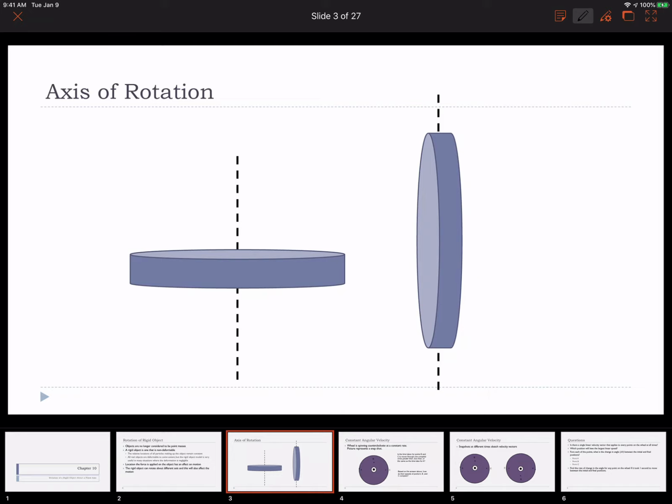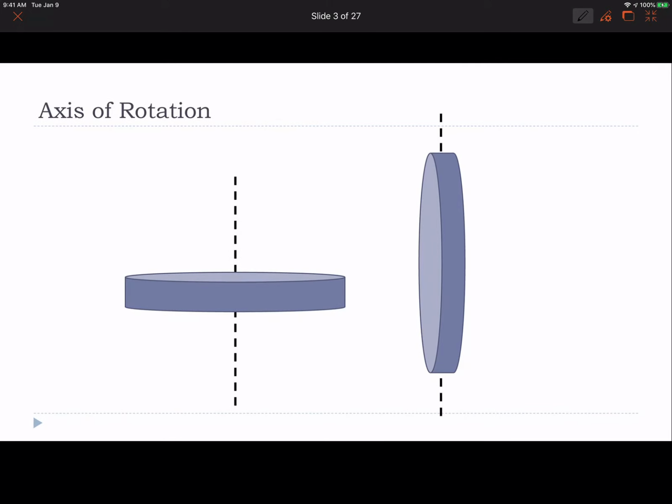So let's think a little bit about the fact that if we apply force at some distance, it can cause this rotation. And it turns out that objects can rotate about different axes. So it's important as we have our discussion that we think about the axis of rotation. In this particular picture, this is supposed to represent some type of a disc.